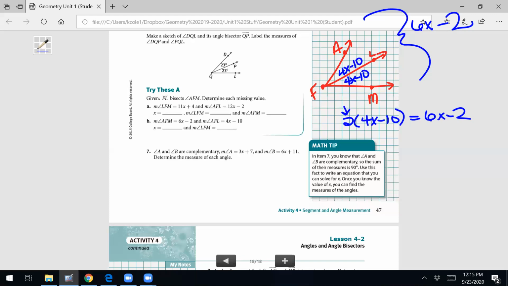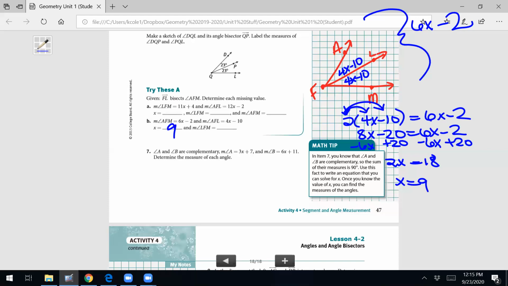Cut it in half. So there's now 2 of those. So you could either write it twice or you could just distribute that 2. And that's what I would do. I would do the distributive property. So I distribute the 2 for both of those. That's 8x minus 20 equals 6x minus 2. Subtract 6x. So 2x, add 20, equals 18, so x equals 9.